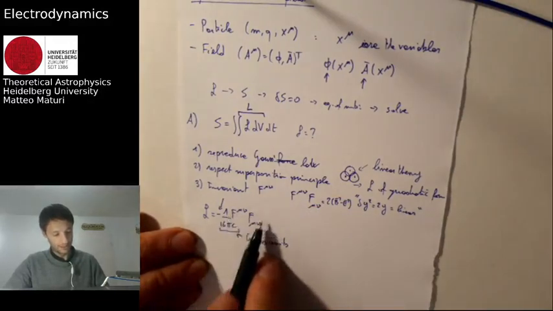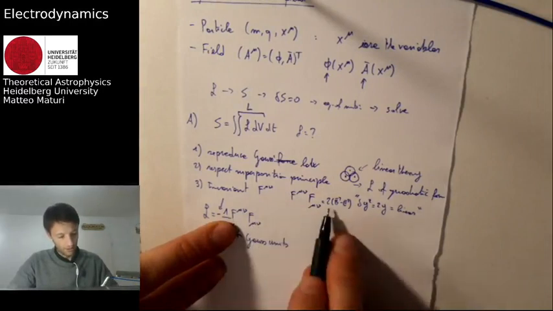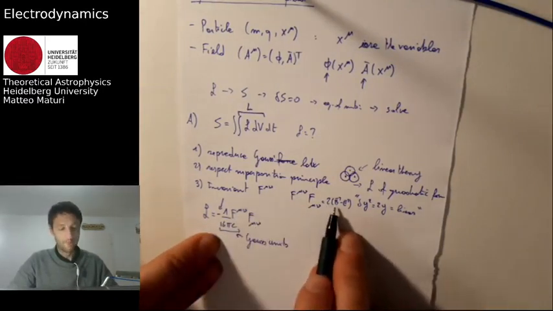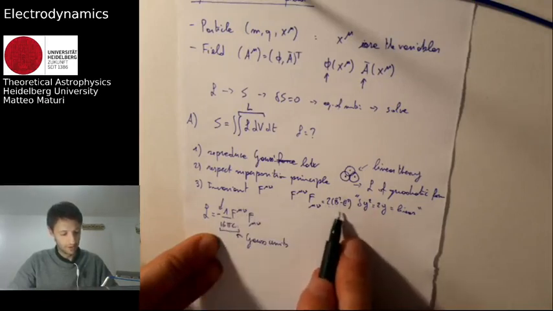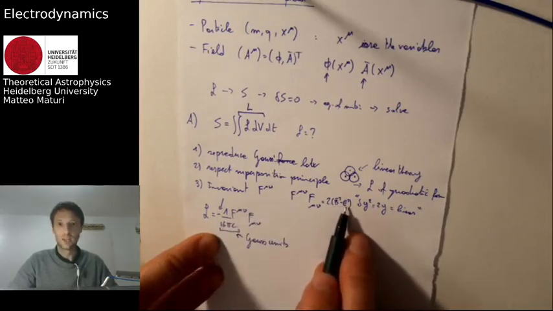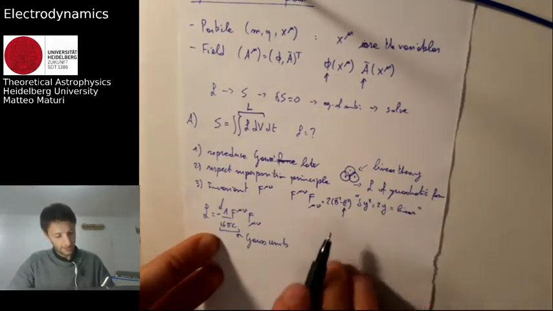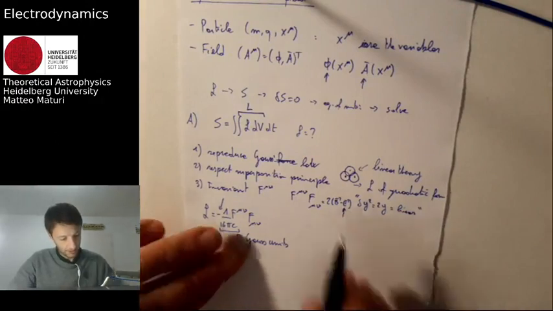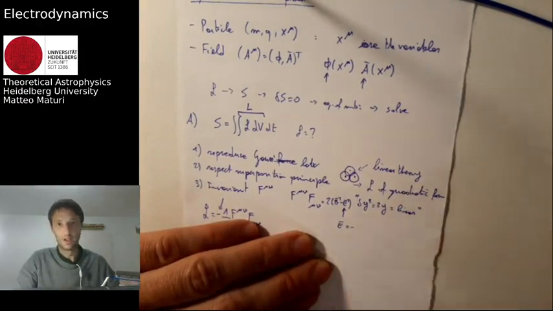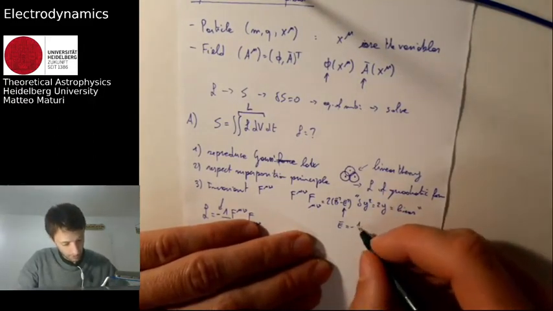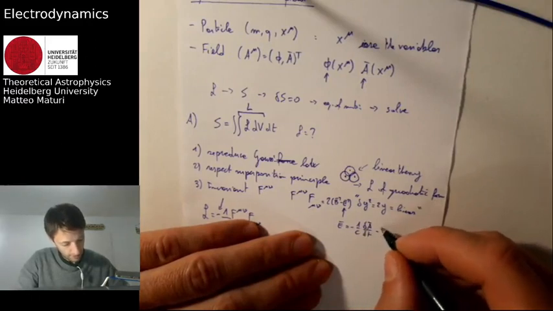So this is basically 2(B squared minus E squared). Imagine that here you have B squared minus E squared times 2. You see that here there is the electric field, and the electric field is related to the 4-potential as minus 1 over c dA over dt minus gradient of phi.